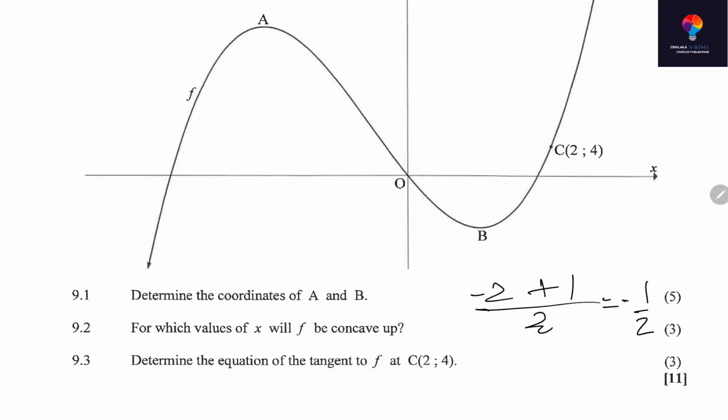So to answer the question, for which values of x will f be concave up? Of course, the point of inflection maybe can be somewhere here. So from this point up to infinity, all the graph will be concave up, meaning that the gradient will increase.